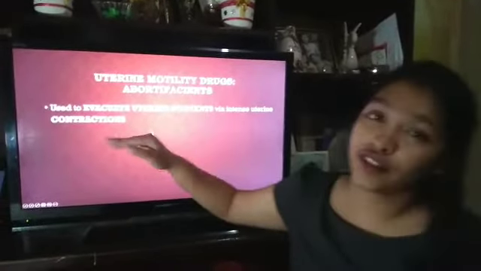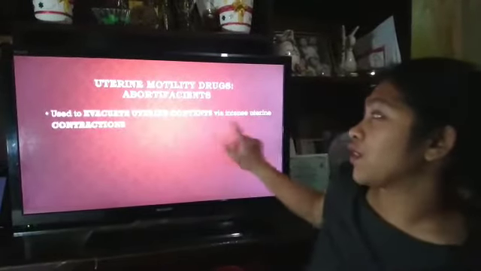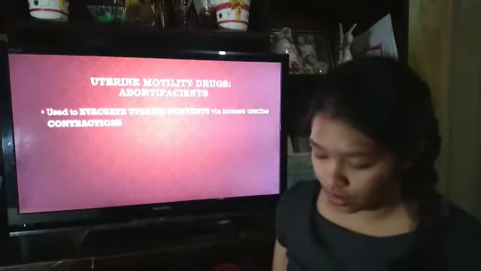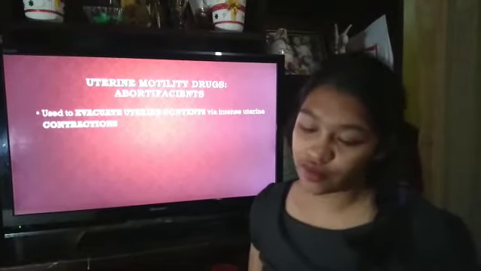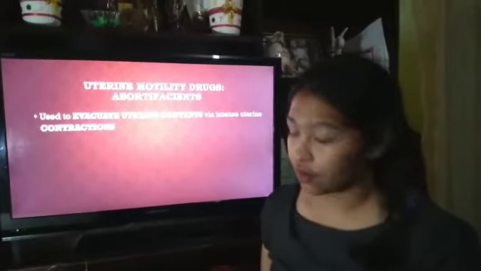Uterine motility drugs also include abortifacients. They are used to evacuate uterine contents via intense uterine contraction, so it's different from oxytocin, which helps in labor.